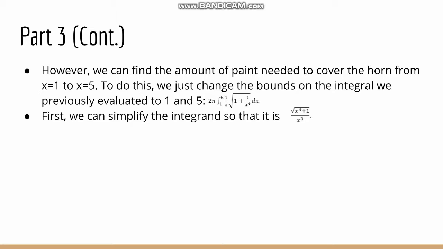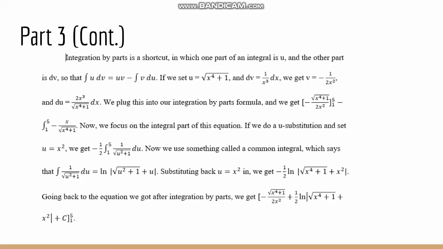So first we simplify the integrand to root of x to the fourth plus 1 over x to the third. And then we use integration by parts. So we set u equal to root of x to the fourth plus 1, and dv is 1 over x to the third dx. We get those for v and du, and then we plug that in and get that mess.